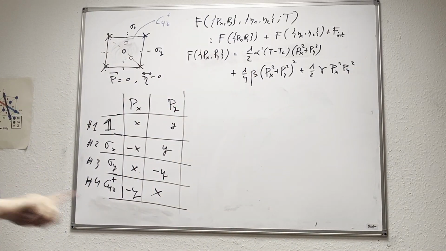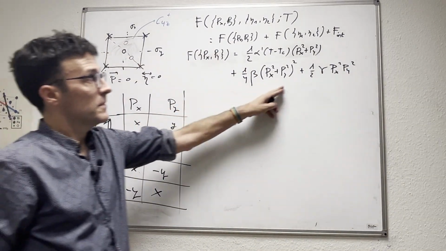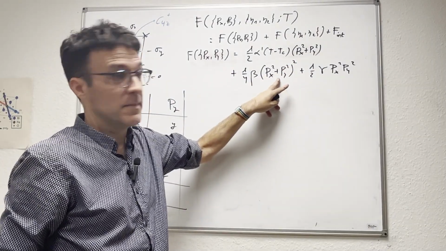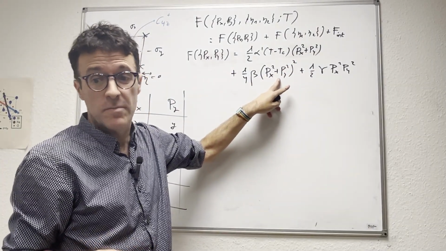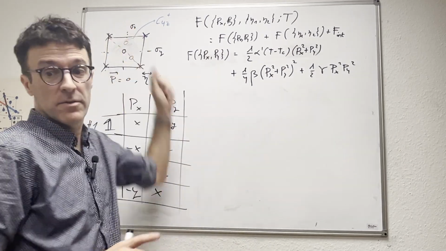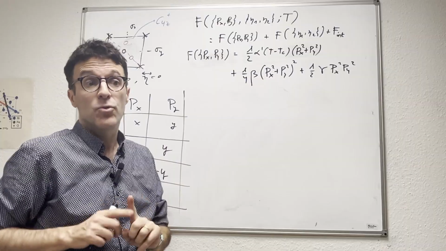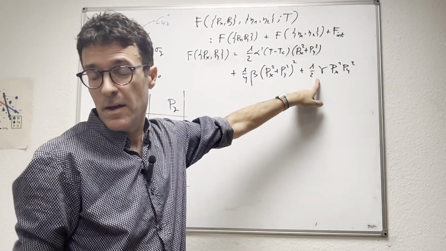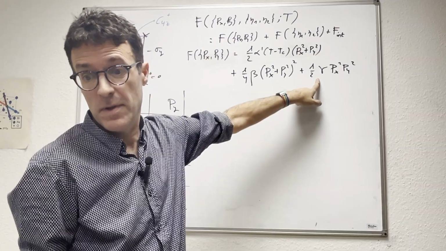In this representation, the first two terms are isotropic. They don't distinguish direction. So the term that tells me if the system wants to have only one component of the polarization different from zero, or the two components simultaneously different from zero, is gamma. And what tells me that? The sign of this parameter.